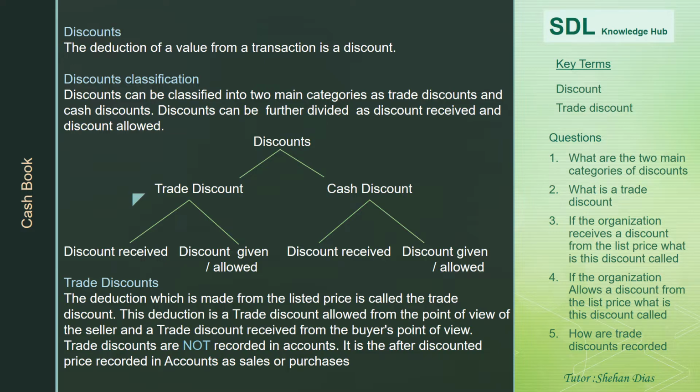If the organization, when selling, deducts an amount from its list price, it is a discount given or discount allowed. And when it's buying from its suppliers, if there's a deduction from its list price, this discount is known as trade discount received.